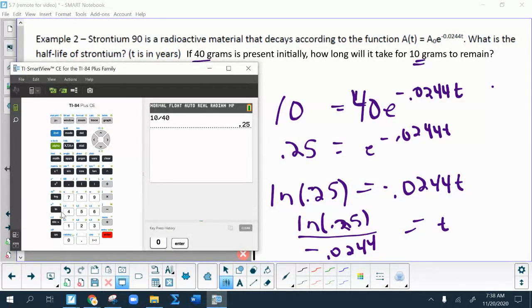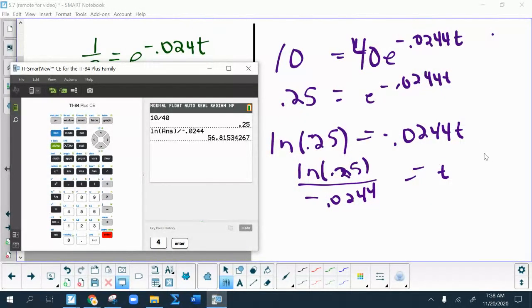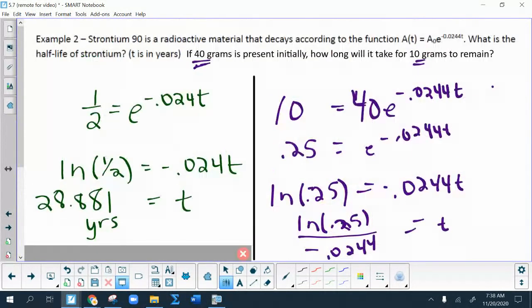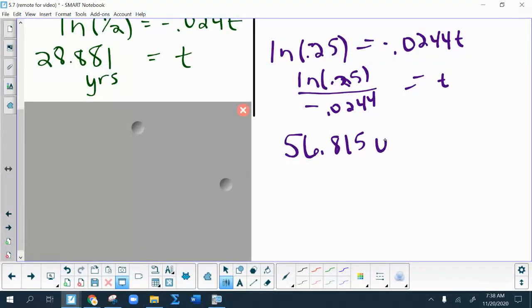So natural log of that answer divided by negative 0.0244. So 56.815 is how long it will take. 56.815, and I feel like we were in years. Yes. Always label and always go to 3 decimal places unless it asks you to round to the nearest whatever, and then you round.